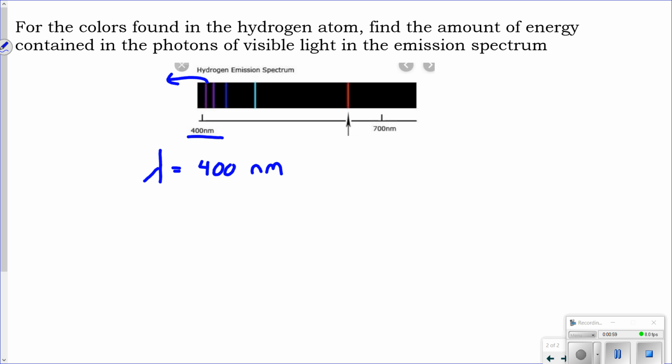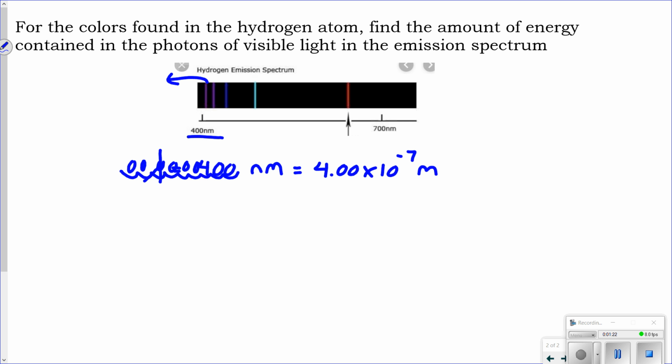And if you remember, we moved the decimal place 9 times to the left in order to get 4.00 times 10 to the negative 7 meters. Always transfer nanometers to meters.